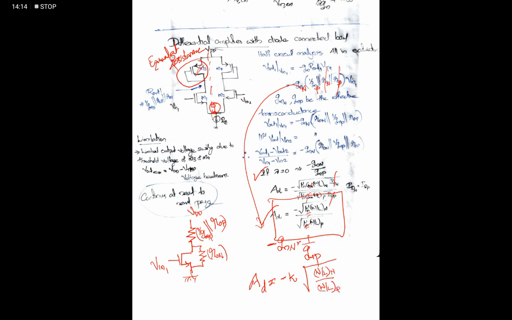In our university exam, they can ask to design a differential amplifier with a gain of 10. Then you can simply use this formula to design that differential amplifier. The constraint is that the value of k, usually we will take as 3 or 4, or we can choose 4.